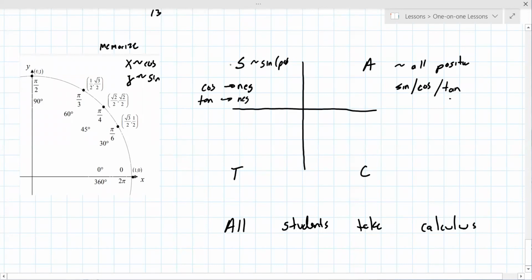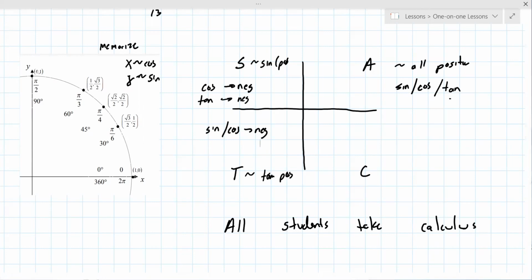So the letter here tells you which one is positive, and then through logic, if this one's positive, then the other ones aren't, so you know what the other ones are. This T means that tangent is positive. Since tangent is positive, sine and cosine are both negative.